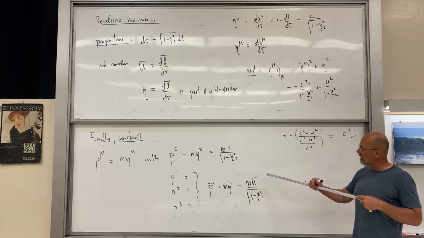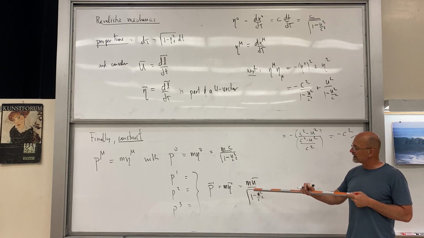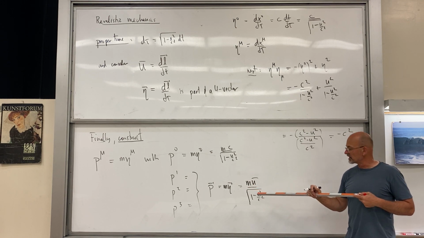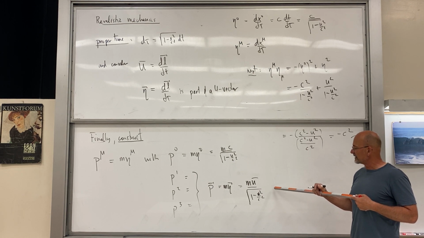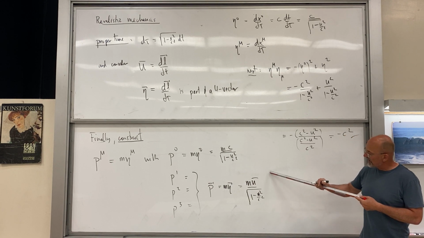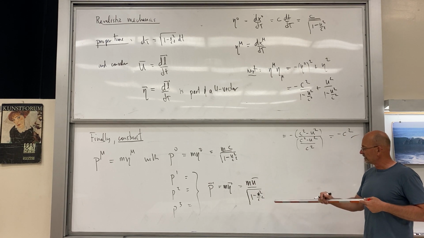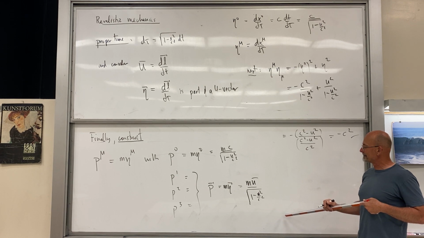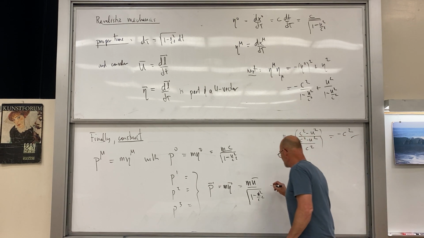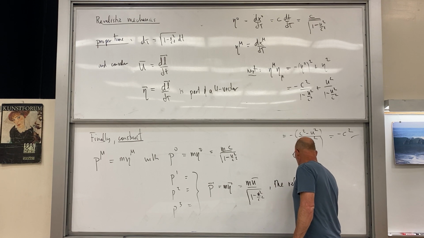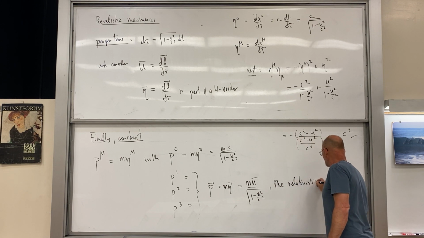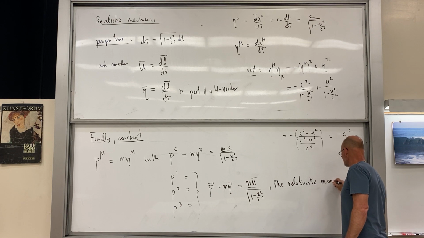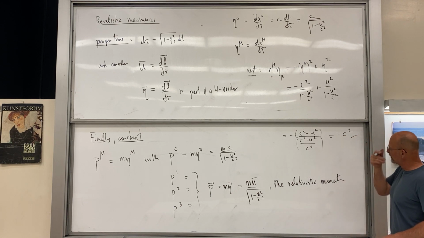When we had our Lagrangian in action, we actually defined the momentum as the derivative of the Lagrangian. But in either case, you get this expression back that you then recognize, by taking its limiting case, as the relativistic momentum that we had last time.